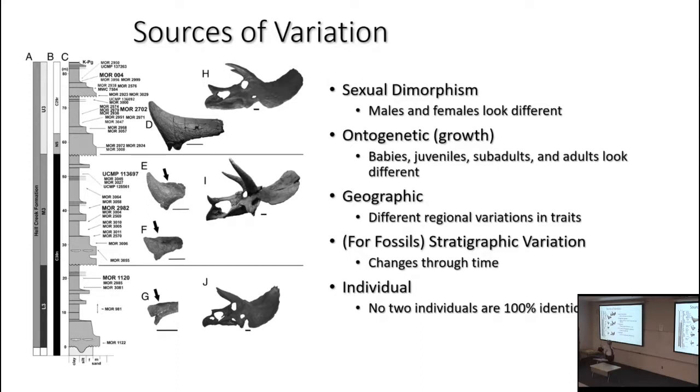No two individuals in a population are 100% identical, and that's normal. That's what things are. We know that obviously with humans. And we know that even identical twins, there are little differences you can note between them. And of course, they're obviously different individuals. But it's true of all populations.